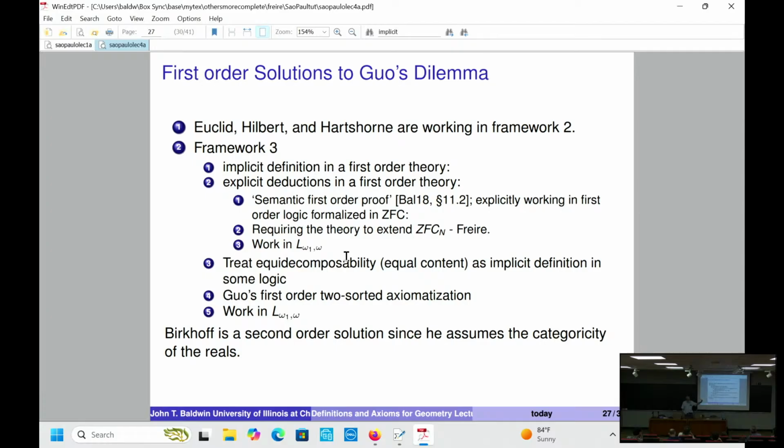And the problem is that this equal content is not a finitary relation. And even saying maybe equal content between an n-gon and a 17-gon, we can try to give a definition of that, but we're going to get into trouble in doing that because of the length of the triangulations.